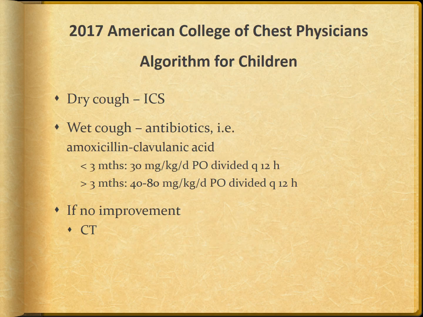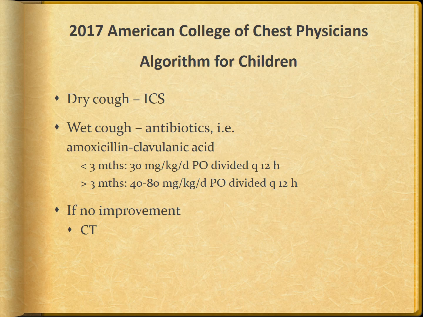Okay, we're going to go over the algorithm for children, and this is your 2017 algorithm by the American College of Chest Physicians. So what they recommend is that for your children coming with dry cough, you want to prescribe some inhaled corticosteroids.